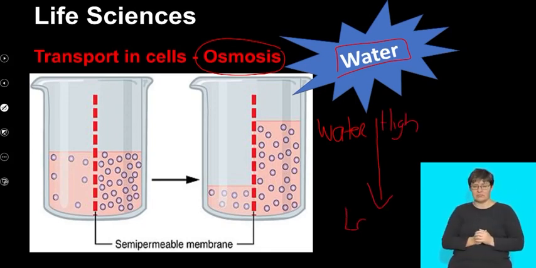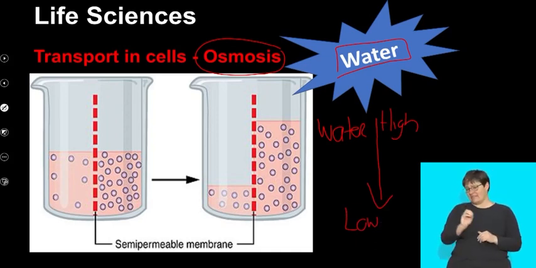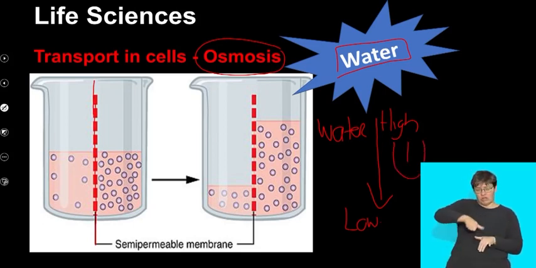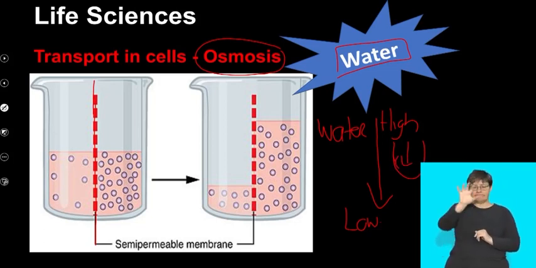There is a bit of a terms and condition here, because when water moves, it must move through a semi-permeable membrane. If I've got a little jug and I put water in here and the particles just move around, that is going to be diffusion.